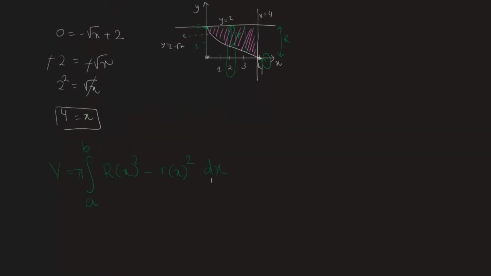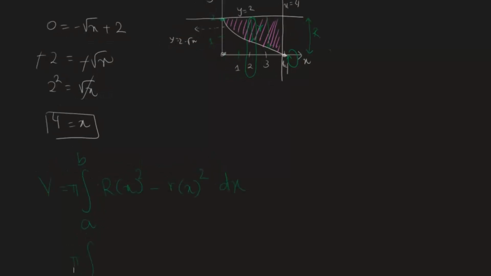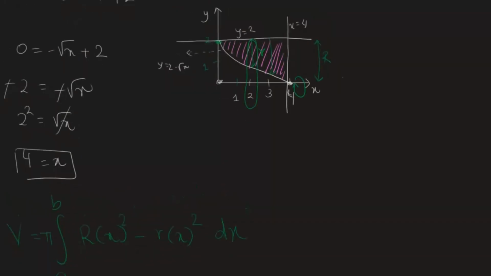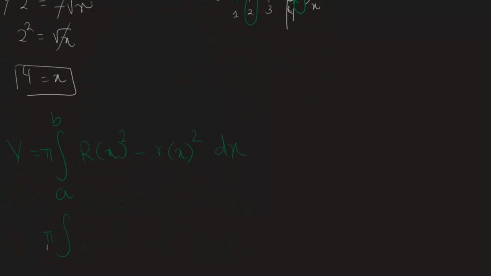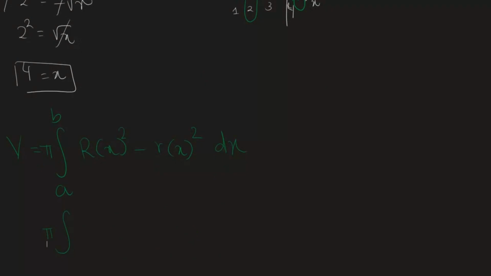So here, let's set up the limits of integration. Pi goes over here because it's a constant, it stays outside the integral. We're integrating with respect to dx, right? So we need to put the limits in terms of x as well.